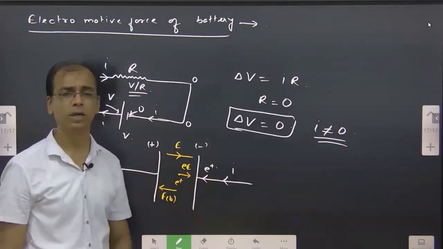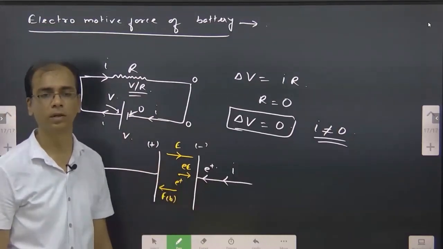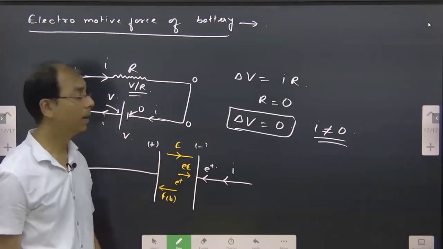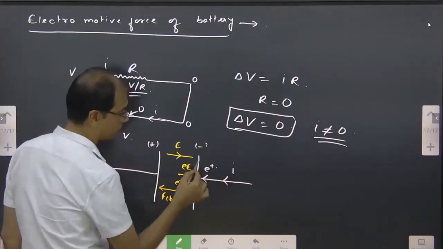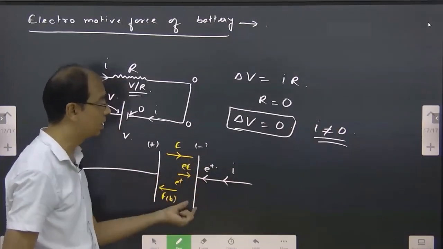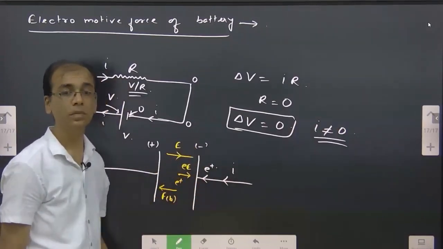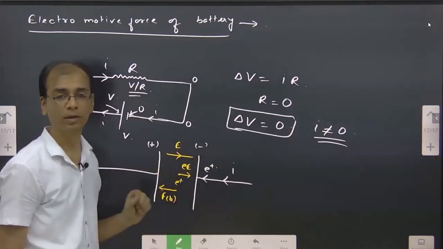In some books, it is given in a different way. They say that work done by battery to maintain the potential difference of the battery is EMF. That is also okay. Why is that okay? Because if I assume that these positrons are coming onto the negative plate, what will happen? Its negativity will decrease. When its negativity decreases, that means its negative potential is going to decrease.